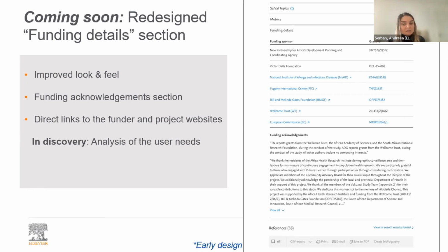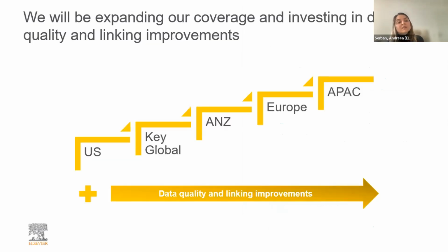Next slide, please. At the same time, in the funding domain, as I said, we are putting a lot of effort into increasing the coverage of the awards on the Scopus researcher profile. And I mentioned that last year we launched a beta version of this, mainly with the federal funders in the US.